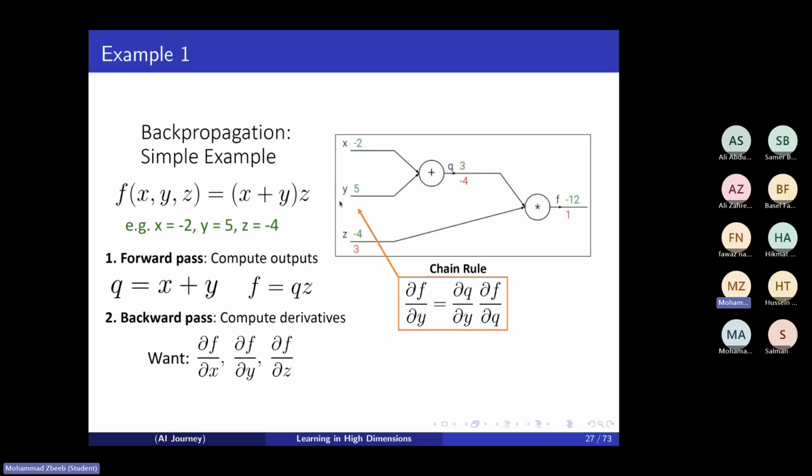If I need to calculate the effect of y on f, I need to calculate the effect of y on q, and scale it with the effect of q on f. So the real gradient of y is dq by dy, its effect on q, times df by dq, its effect on f. This is the chain rule. Is this clear and understandable?